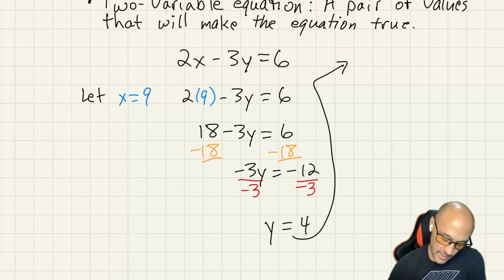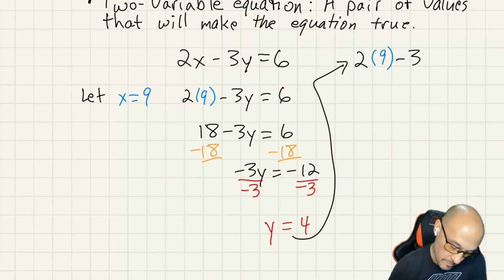So now I can plug in my 2 points here. We have y equals 4. So I'm going to do 2 times 9 minus 3 times 4. That's supposed to equal 6.